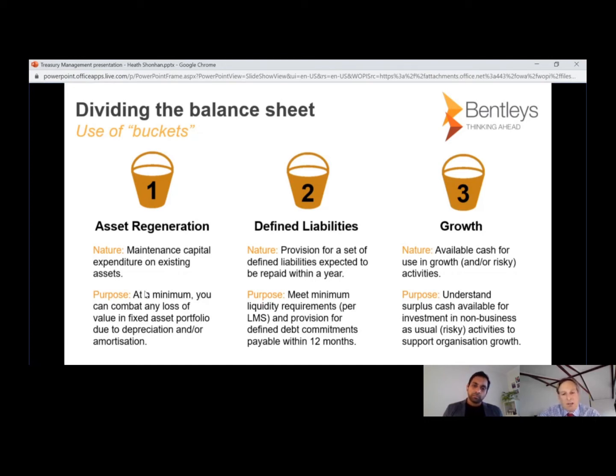And then bucket number 3 is growth. This is your available cash or financial assets then to be able to invest in growth and or risky activities. The purpose of this bucket is very much to be able to identify what surplus cash do we have left to invest in non-core activities that support organizational growth.